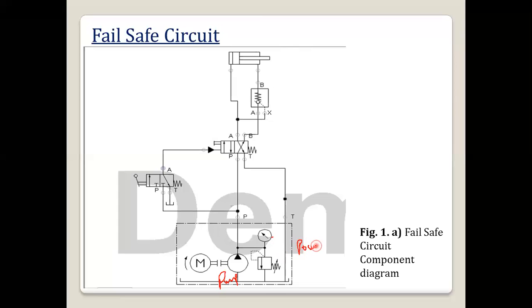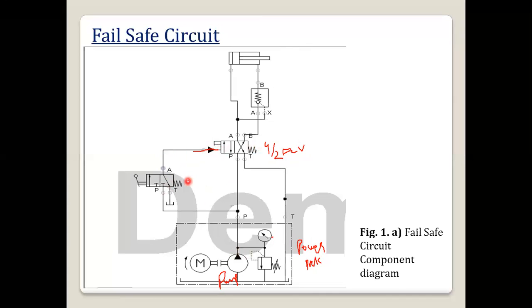Then here in the fail-safe circuit, we have one 4/2 direction control valve. It is pilot operated. You can see this pilot operation.